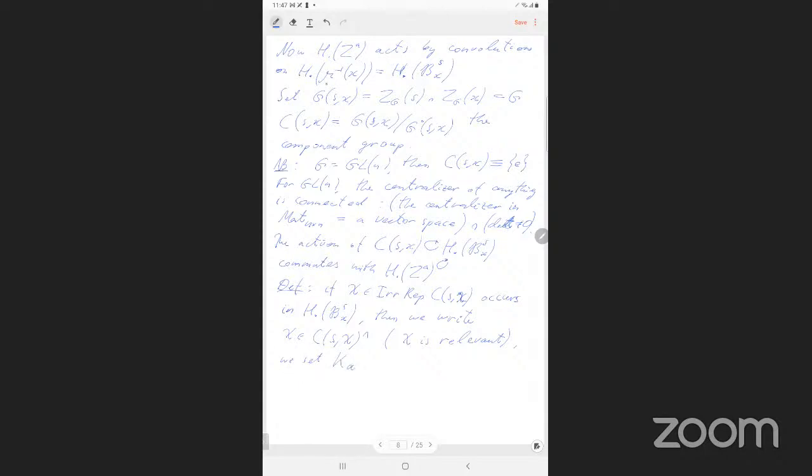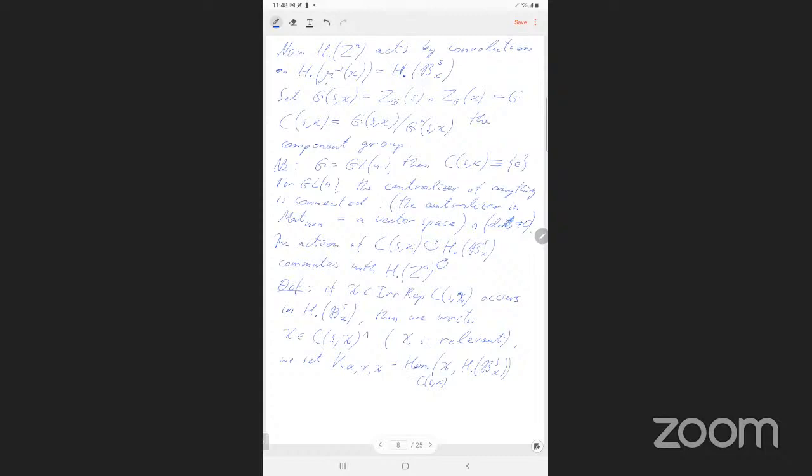And we set K of x, chi to be the multiplicity space, over the component group, from this representation to the Borel-Moore homology of BSX. Okay, just the multiplicity space.